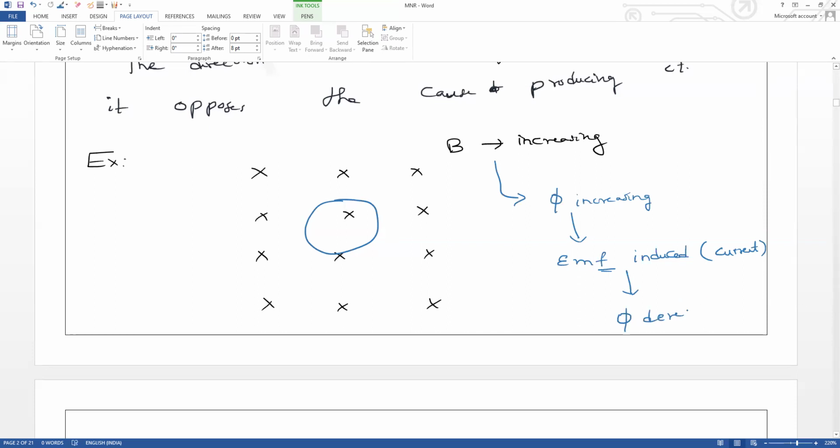It is going to decrease. See, magnetic field increases, magnetic flux increases, EMF is going to be induced, and then the magnetic flux is going to decrease. Do you understand what I'm saying? Please respond, everyone. Yes, sir.